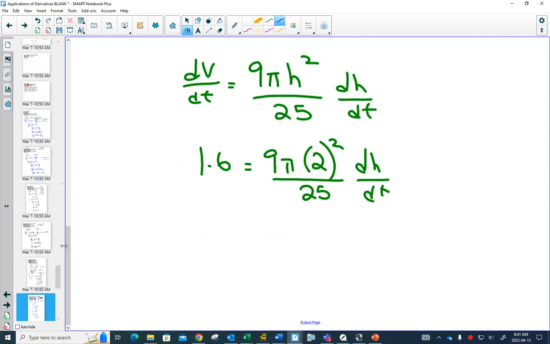And then at this point, we go to our calculator. We're going to have to multiply both sides by 25.